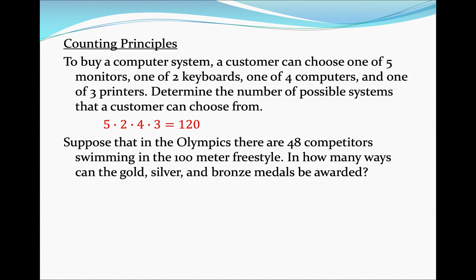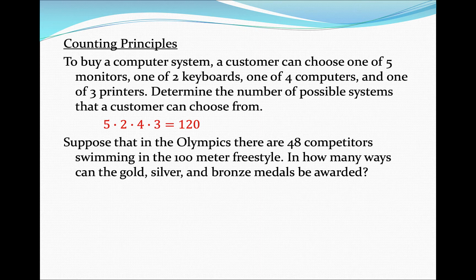It matters who gets which medal. You're not just selecting 3 people and all 3 get the same award. So here the order matters, and that makes this a permutation.